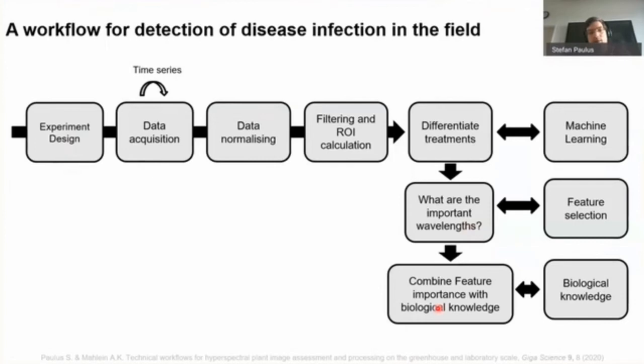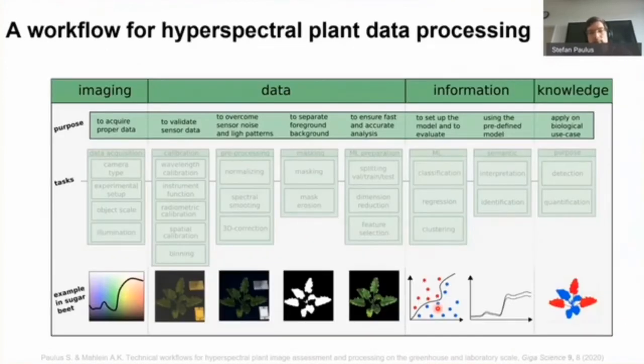This shows you in detail how the single steps of the workflow look, but I want to be very rough here. The idea is you start with images, you image your plant, then you switch the images to a real data set where you reduce the noise, separate the foreground from the background, and enhance the quality of your data.